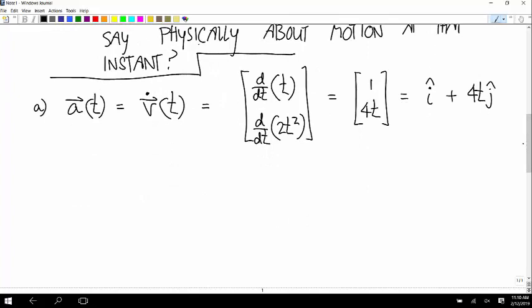Remember, this works the same way that it did in 1D. If we're going in the direction from position to velocity to acceleration, those are all time derivatives.